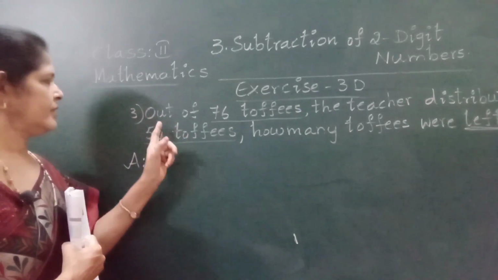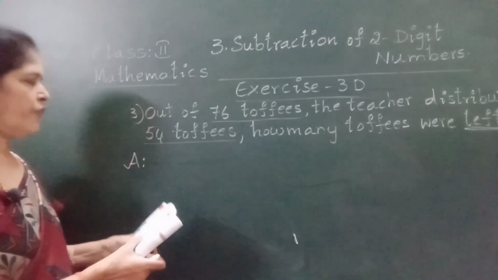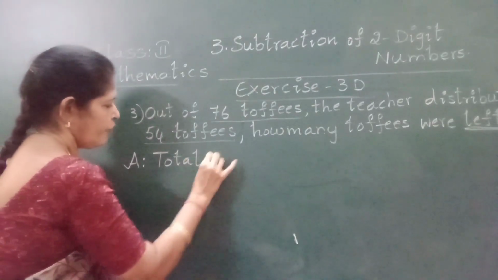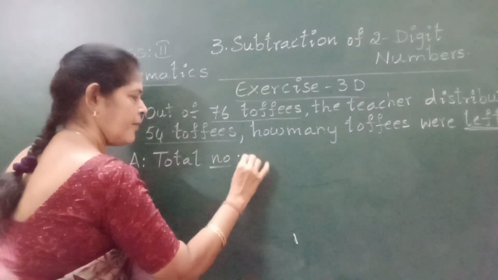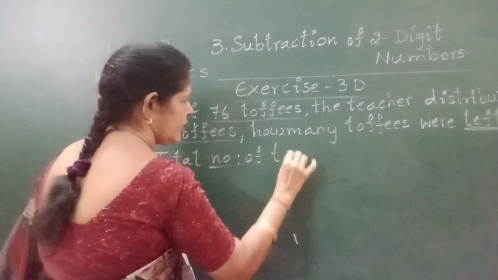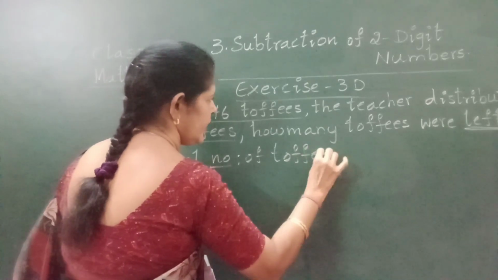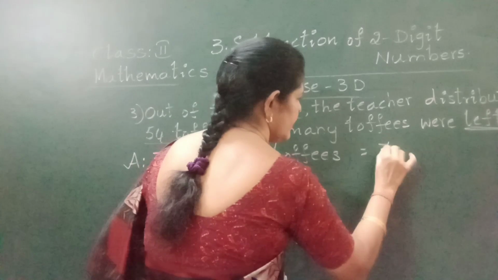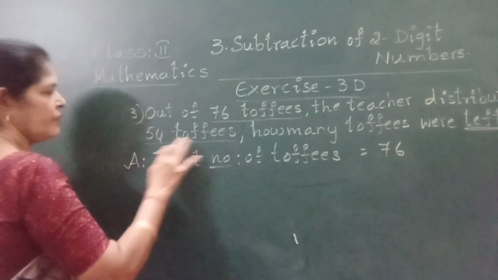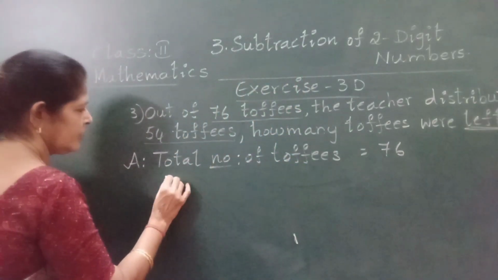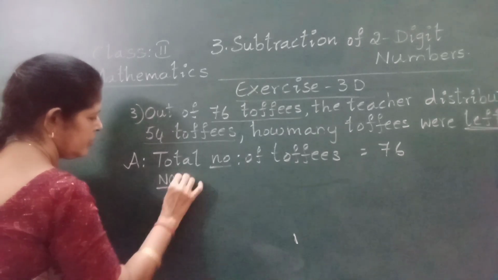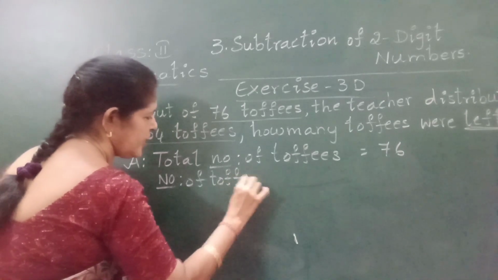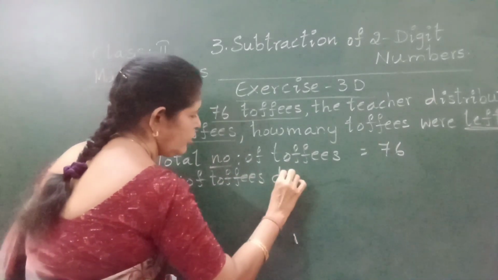You listen. Out of 76 toffees means total number of toffees. How many does she have? 76. The teacher distributed 54 toffees. Number of toffees distributed means she gave to children.